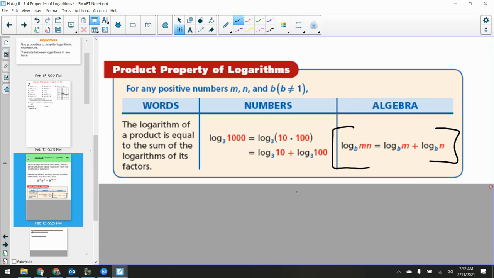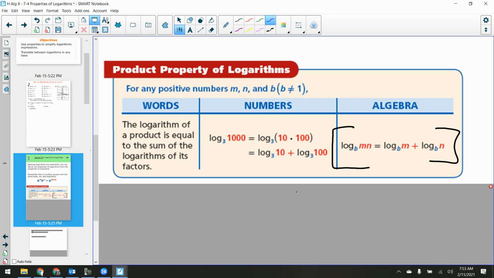All right, so what was I saying? Because with exponents, if I've got multiplication of the base, that requires addition within the exponent. Same type of thing here. Look what I've got. I've got multiplication of the pieces inside the log.